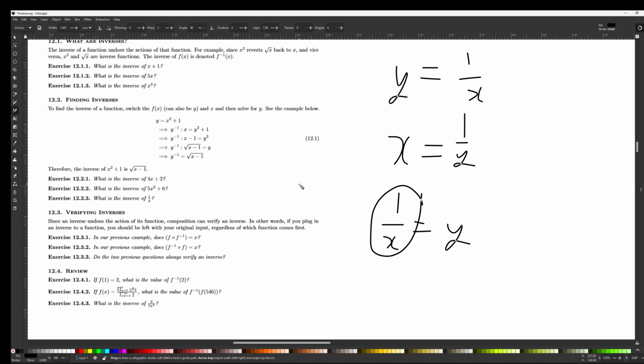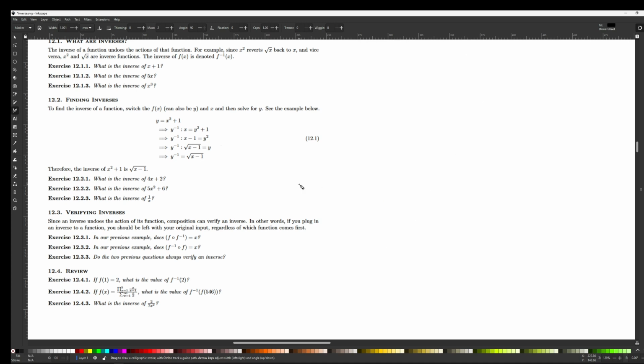Okay, time for verifying inverses. Since an inverse undoes the action of its original function, and vice versa, we can use composition to verify.